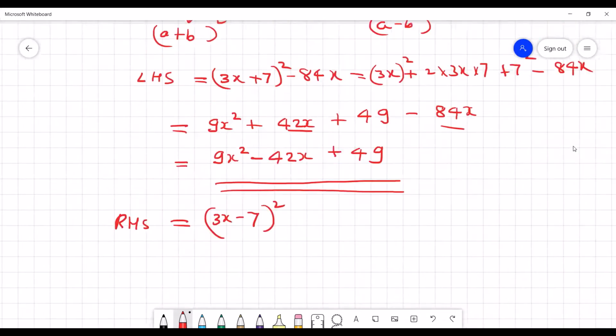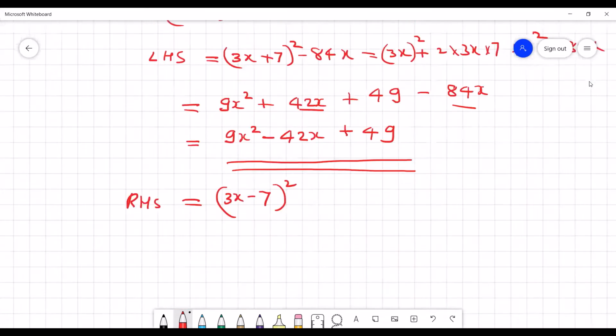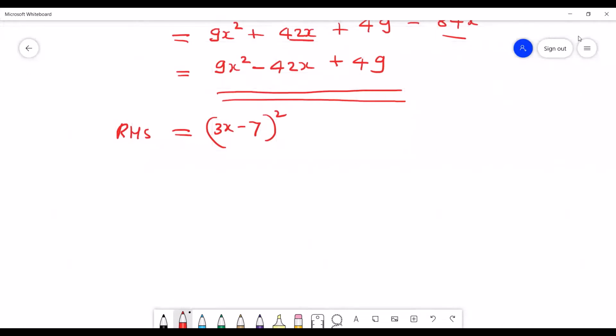Let's see whether it is 3x minus 7 whole square. So this is equal to a minus b whole square. So this will be equal to 3x whole square minus 2 into 3x into 7, then plus 7 square.